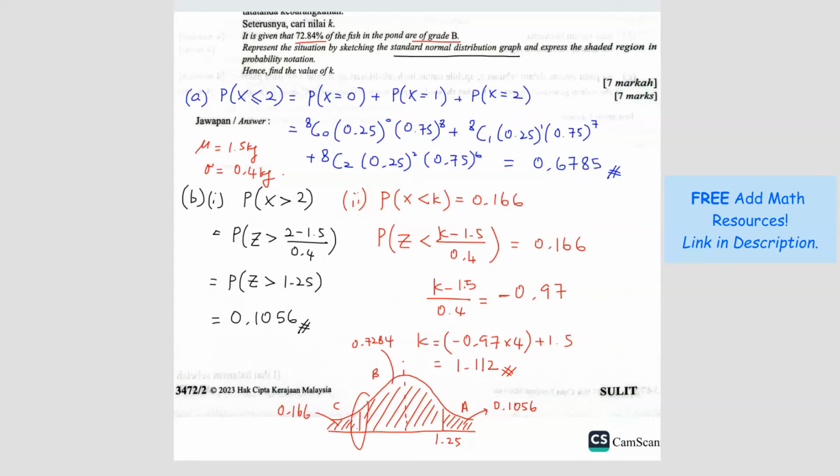And the line here, what does this represent? It's not the k value, it's k minus 1.5 divided by 0.4, because we want the standard normal distribution. So it's going to be negative 0.97. So this is negative 0.97. Okay, so this is the sketch.